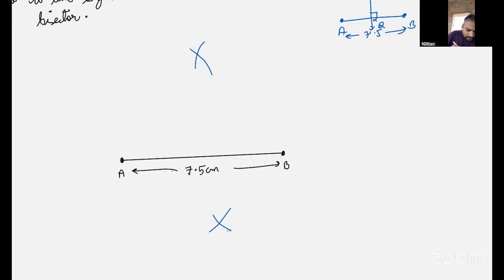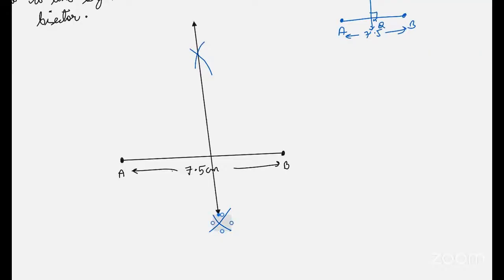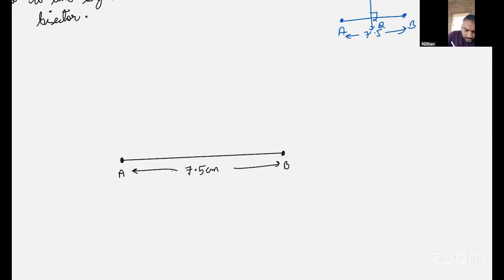Now join this line. So first we have to put the point on A and open more than half, of any measurement. Put the needle on A, open more than half, make an arc up and down like this. Then on B, make an arc up and down without disturbing the compass.